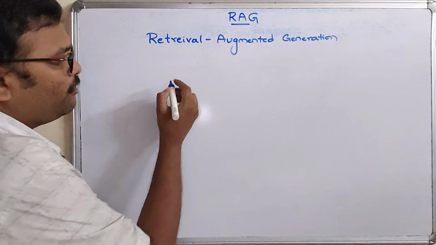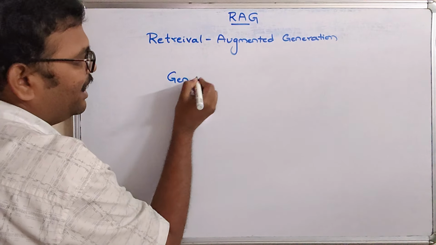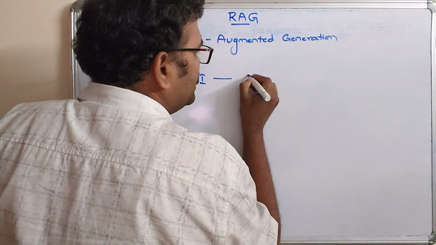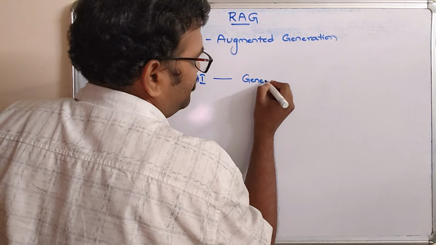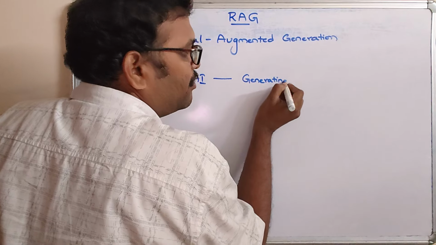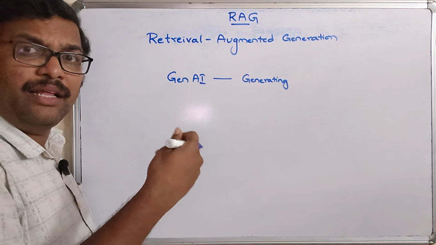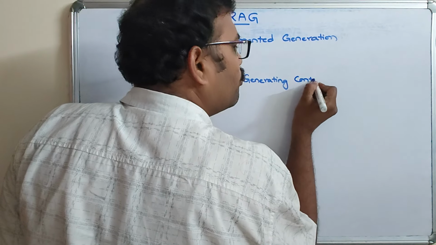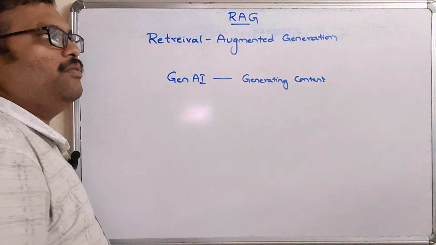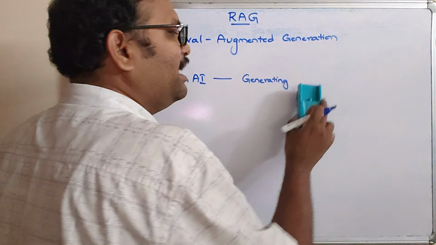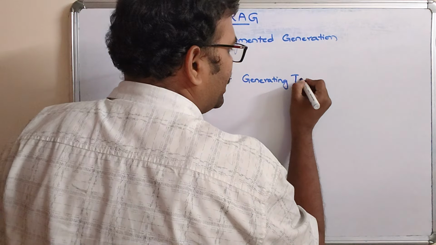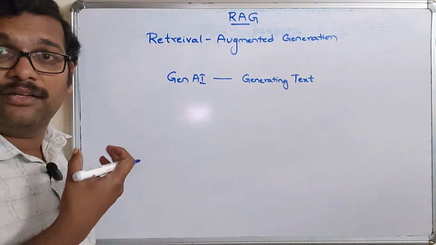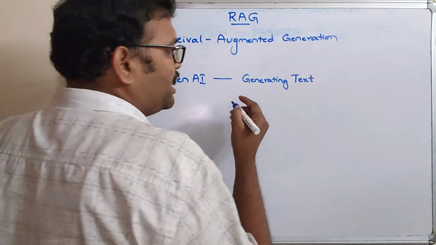Usually the Gen AI, which is also called generative AI, will be generating the text, generating the content. The text will be one of the content, so in this example we'll consider generating text. How will it be generated? We have seen that in previous sessions.